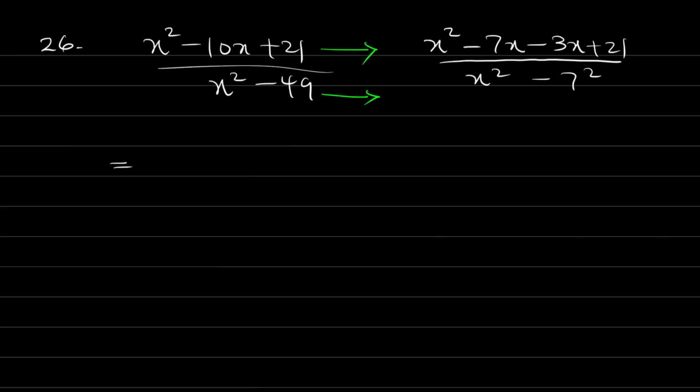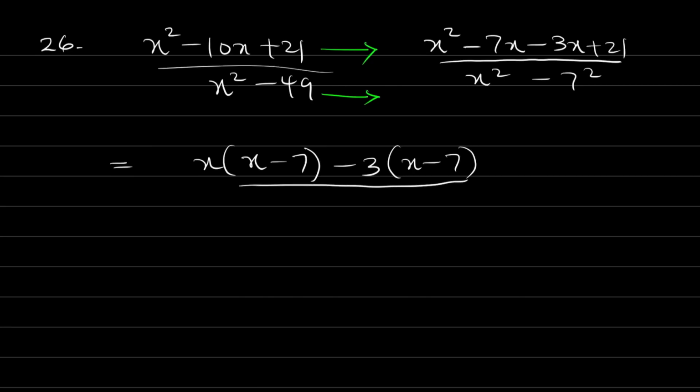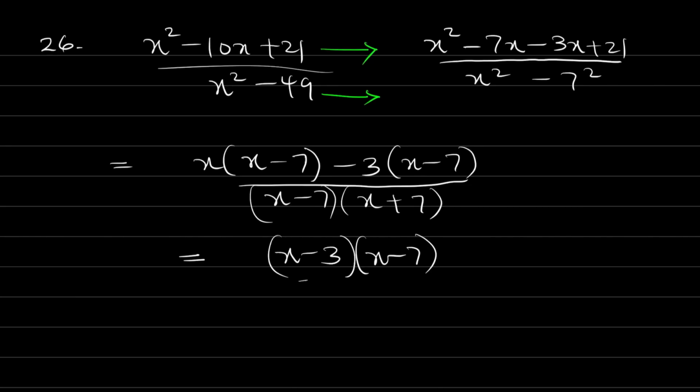This is the same thing as saying x into x minus 7 minus 3 into x minus 7, then divided by x minus 7, x plus 7, which will also be written as x minus 3 into x minus 7, then divided by x minus 7 into x plus 7.